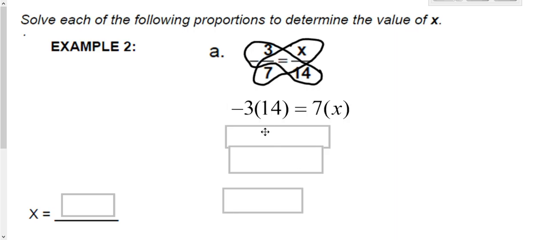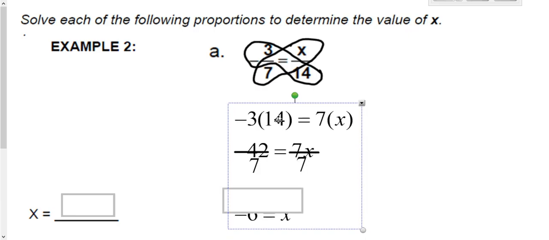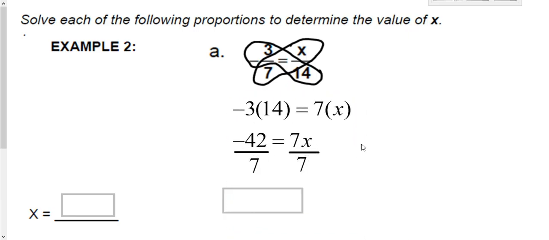If we multiply that out, negative 3 times 14 is negative 42, and 7 times x is just 7x. To solve this, since this is multiplication, we'll divide by 7 on both sides. That'll cancel out the 7 there, and we get 1x equals negative 42 divided by 7, which is negative 6. So we use the cross products as our first step to solve a proportion, always.